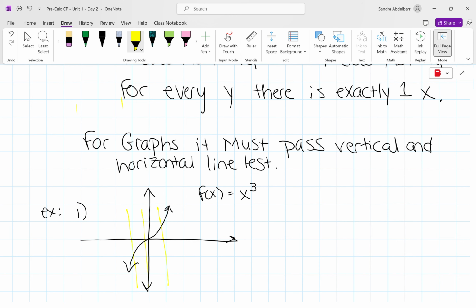So I'm going to give you the function f of x equals x cubed. So I'm going to first test the vertical line test. Does it pass the vertical line test? Am I going too fast? Okay, I'll let you guys catch up. See it draw the graph.